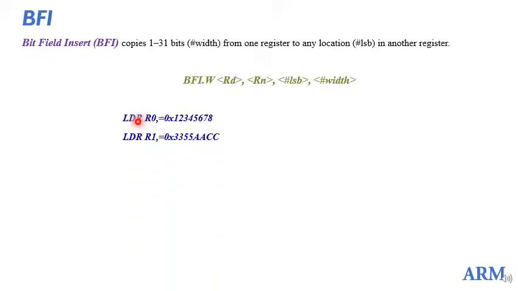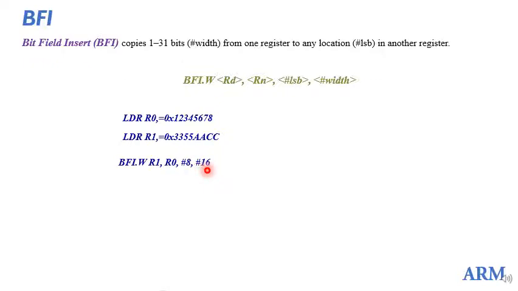So here, since we require two registers, I have taken two registers. LDR R0 is equal to 0x12345678 and LDR R1 is 0x3355AACC. Now, first I'll execute the instruction BFI.W R1 comma R0 hash 8 and hash 16.